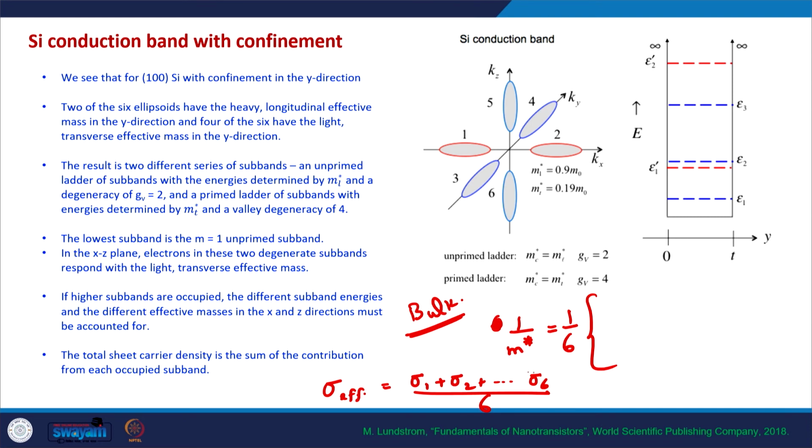So, these 6 conductivities correspond to these 6 ellipsoids. In any direction, 2 ellipsoids have longitudinal effective mass and 4 ellipsoids have transverse effective mass. So, that is why the net effective mass can be written as 1 by ml plus, so the 2 have longitudinal and 4 have transverse.